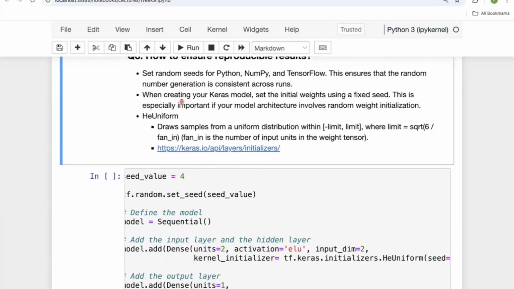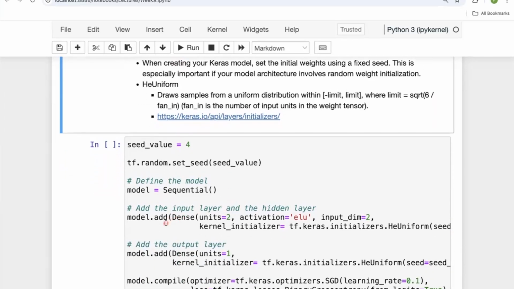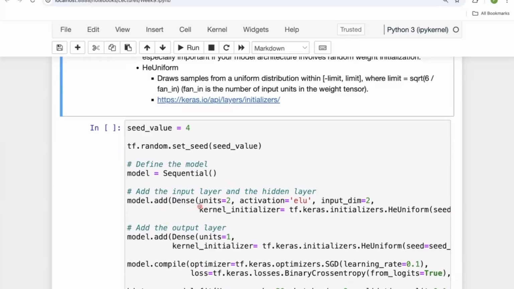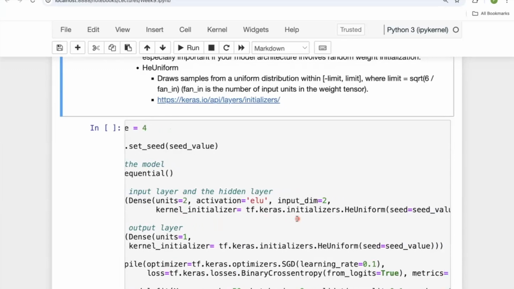One of the options, if you recall, when we look at the documentation for the dense layer, which is the basic layer for fully connected models, is this kernel initializer. This tells us how we want to initialize the kernel, or the weight matrix, for that layer. There are multiple ways of doing this.